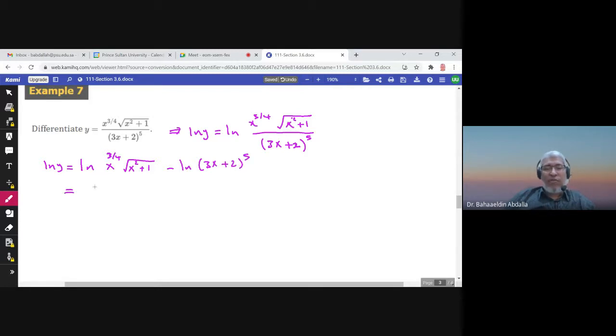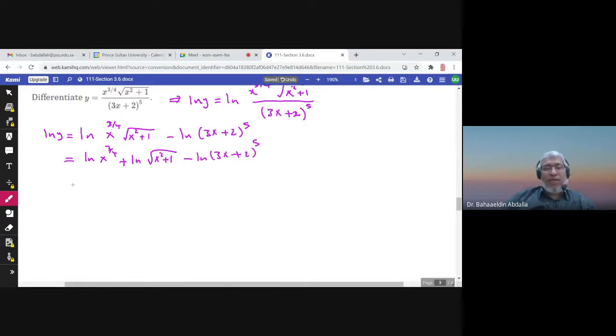Then here I have a product, so I will write it ln x to the power 3 over 4 plus ln square root of x squared plus 1, and here minus ln 3x plus 2 to the power 5.